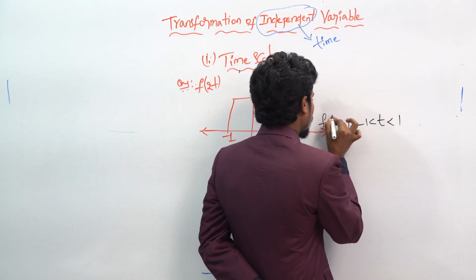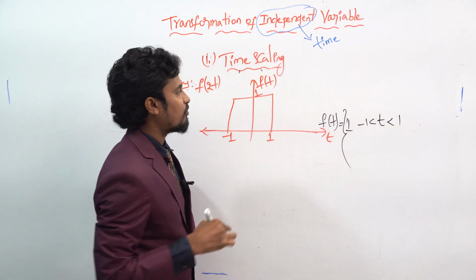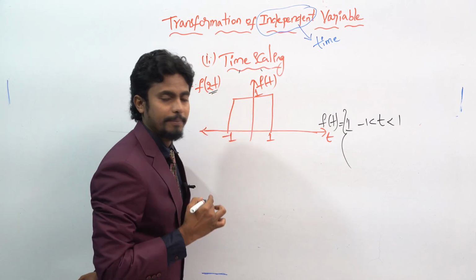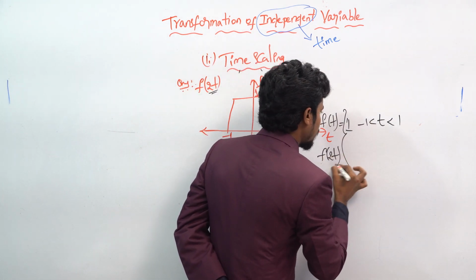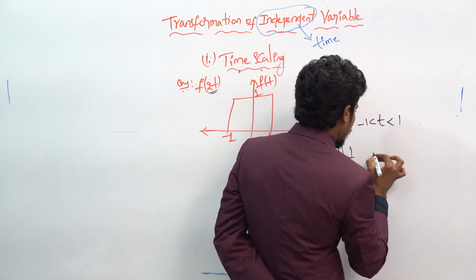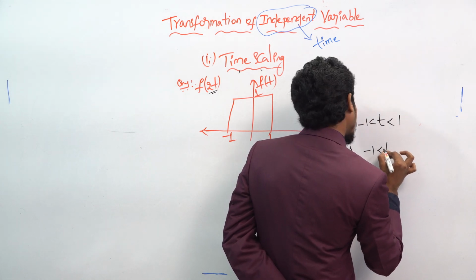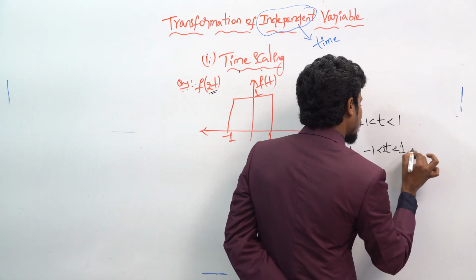This is f of t. In place of t, you have to put 2t. Then this will be f of 2t, which is 1 for 2t in between minus 1 to plus 1.